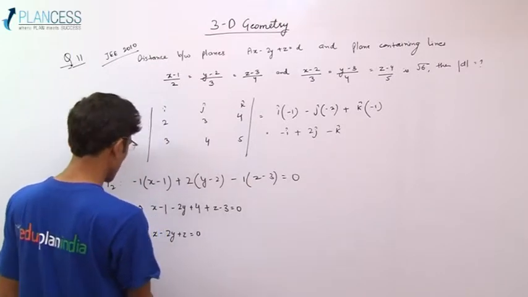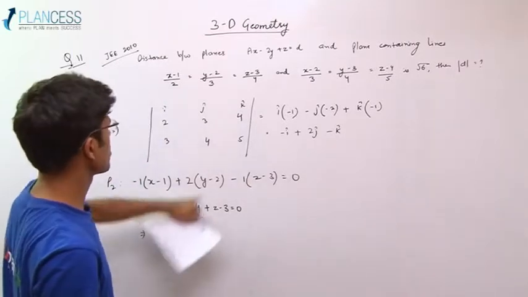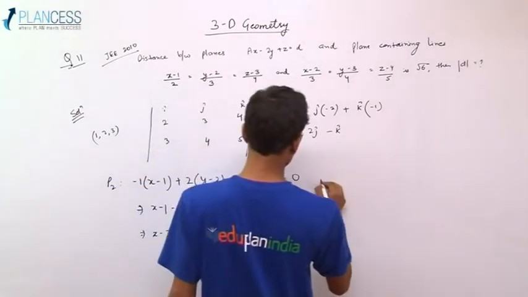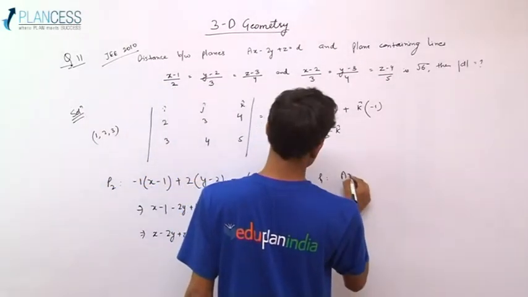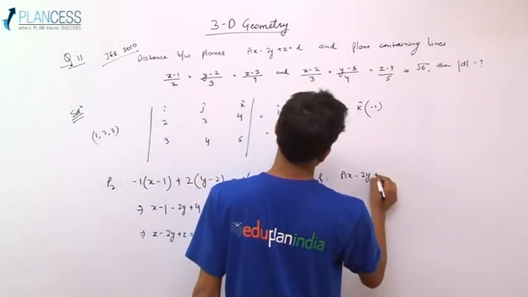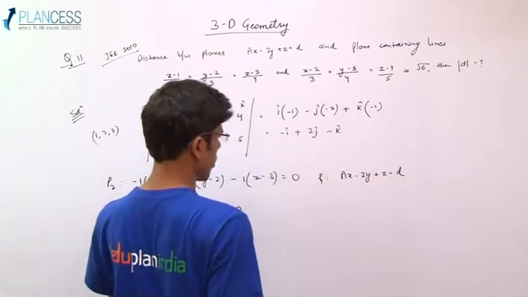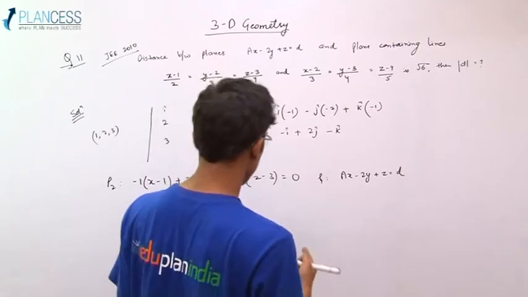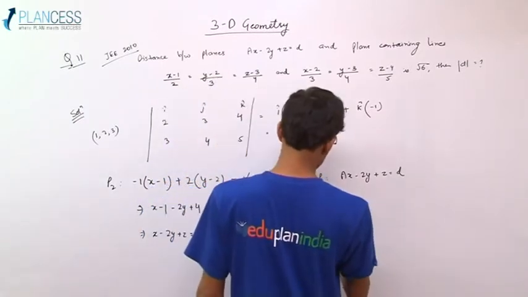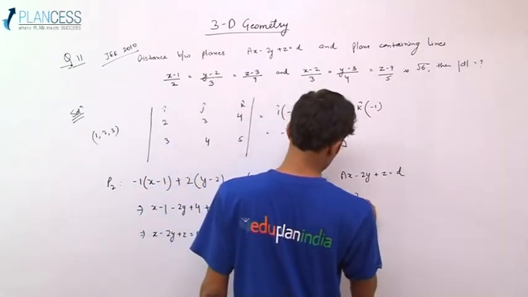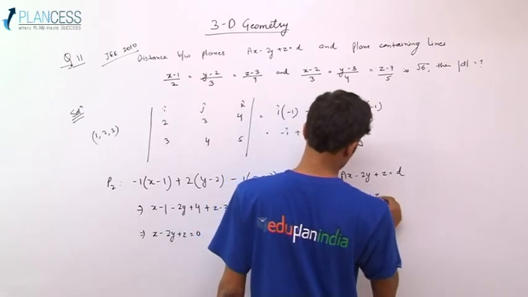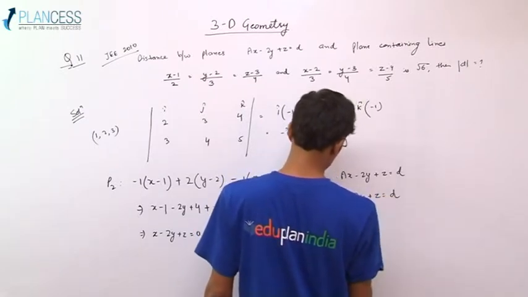Okay, so this is the plane which is passing through the origin, and this is our plane P1, which was ax minus 2y plus z is d. So these two planes should be parallel if the distance between them is not 0. So a is equal to 1. So putting 1 here, x minus 2y plus z is d.